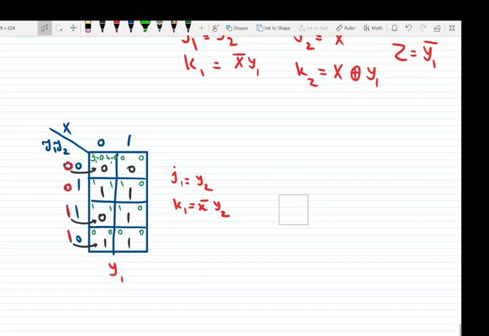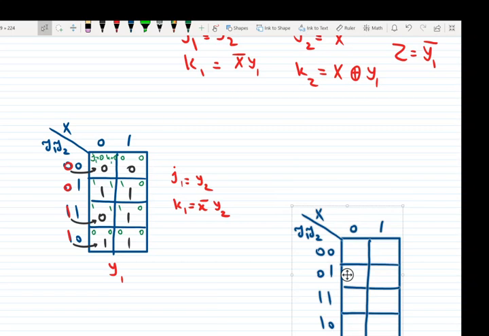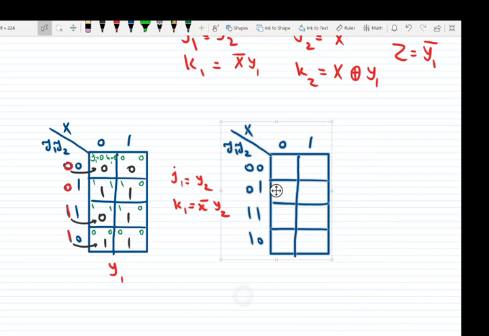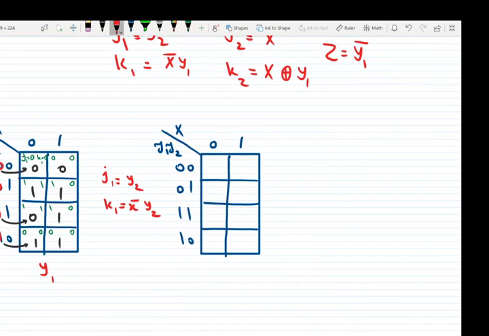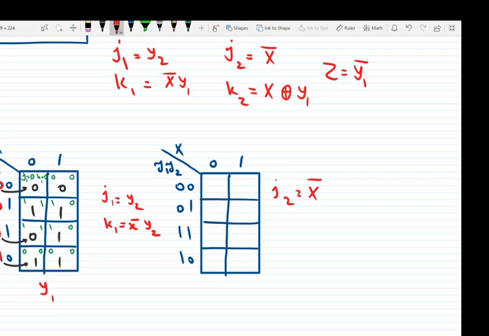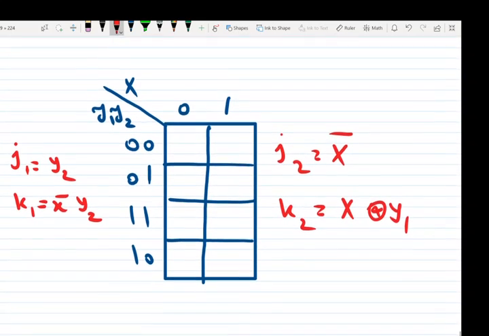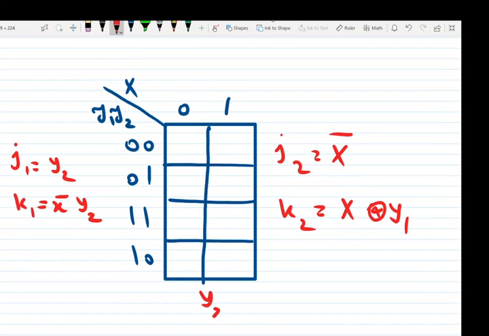The second table: J2 is X bar and K2 is X XOR Y1. And this one is for Y2.